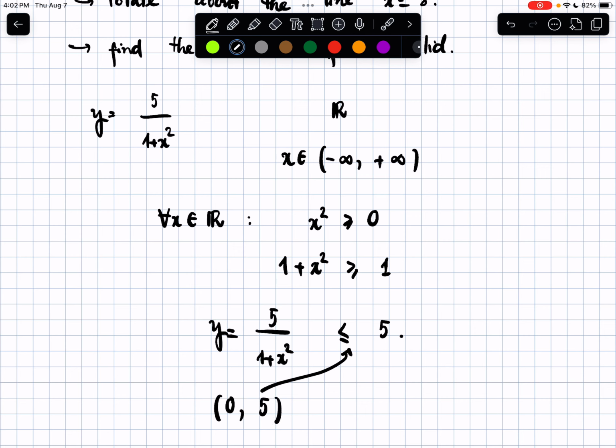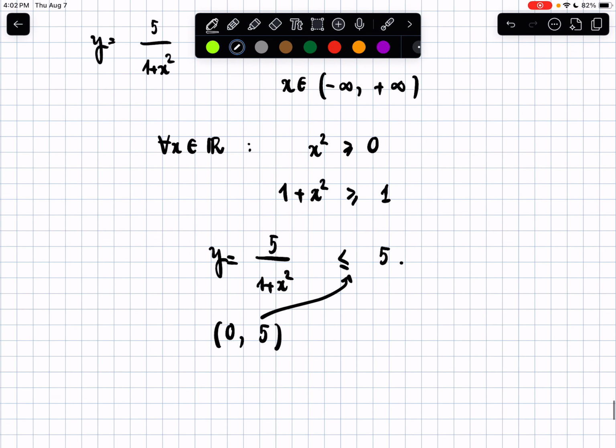The second remark is that this function is even, that is, f of x equals f of minus x for all values of x. So this means the function is symmetric.